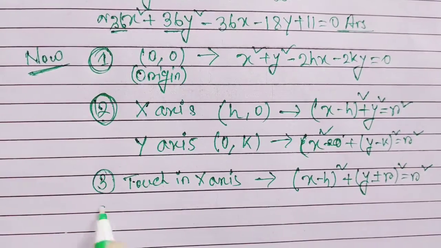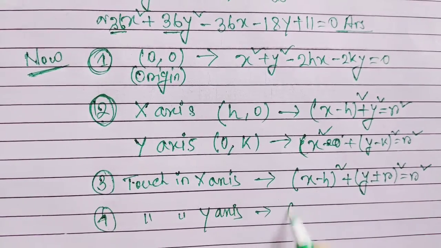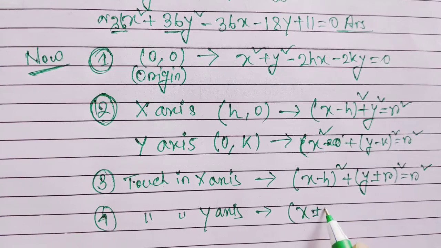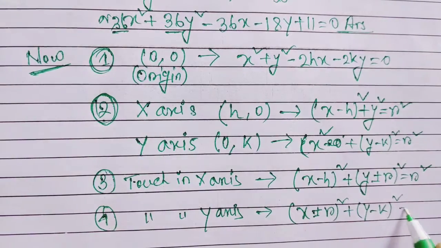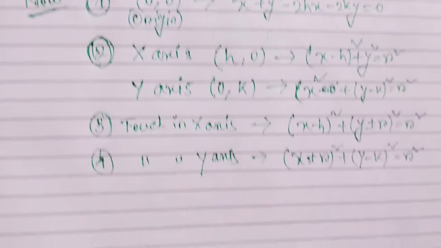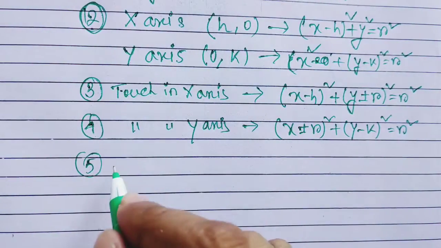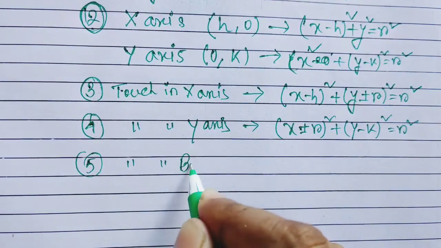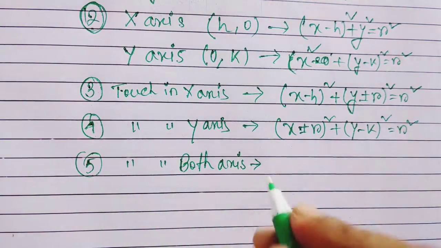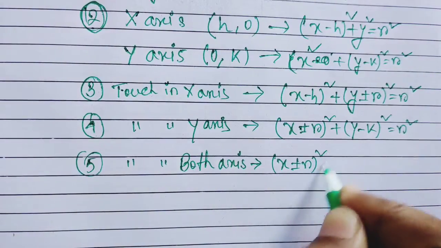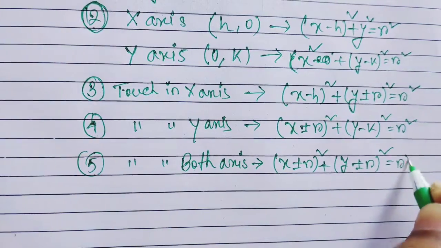And when the circle touches the y-axis, then the equation will be (x plus or minus r) whole square plus (y minus k) whole square equal to r square. Next, when the circle touches both axes, x and y, then the equation will be (x plus or minus r) whole square plus (y plus or minus r) whole square equal to r square.